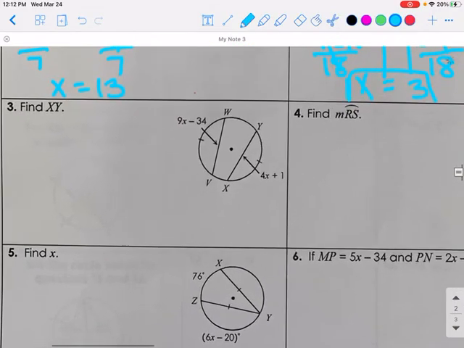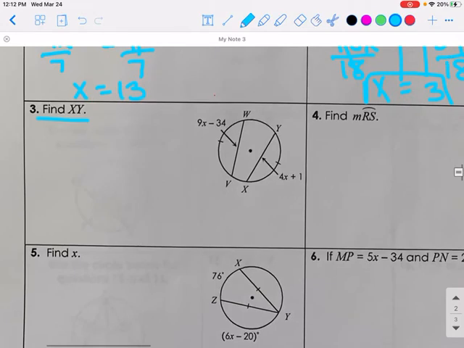Okay, now we're going to pay attention because now they want us to find measurements of sides or things like that. So after we find x, we'll be plugging things in. So please pay attention to that. But the first step is to find x. So I know 9x minus 34 is equal to 4x plus 1.